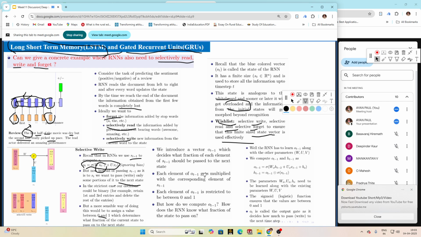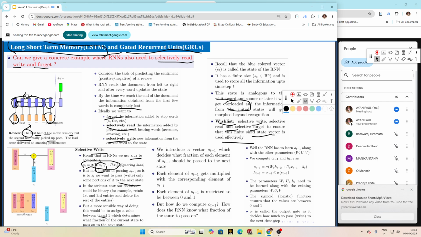Now each element of o_{t-1} gets multiplied with the corresponding element of s_{t-1}. The RNN has to learn o_{t-1} along with the other parameters. Now the thing is, you are introducing a value between 0 and 1, and this value should also be learned, because until it is learned we cannot feed it.